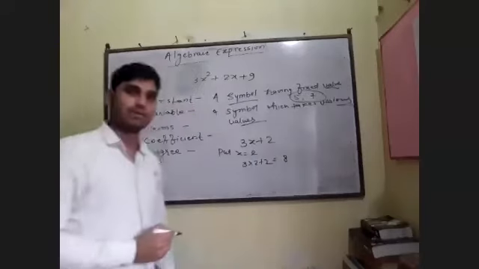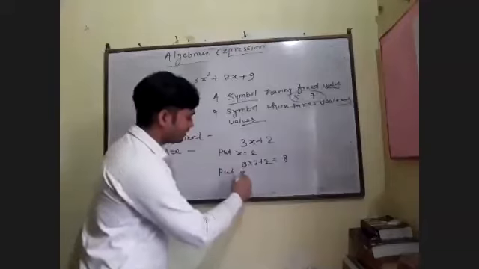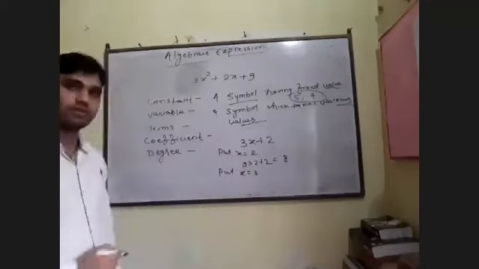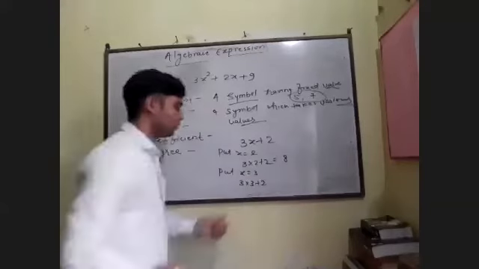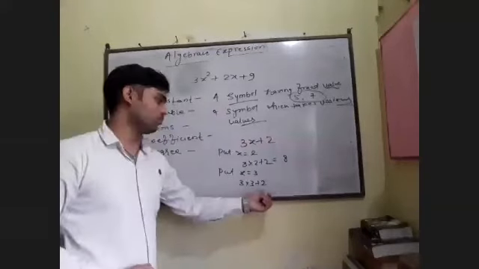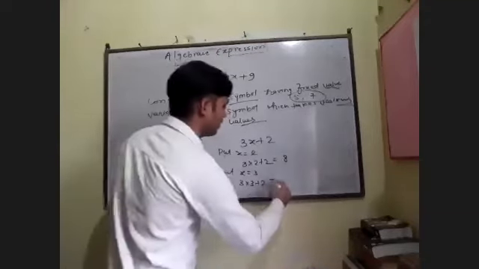Now when we put x equal to 3, what becomes? 3 multiplied by 3 plus 2. 3 threes are 9 plus 2, it becomes 11.